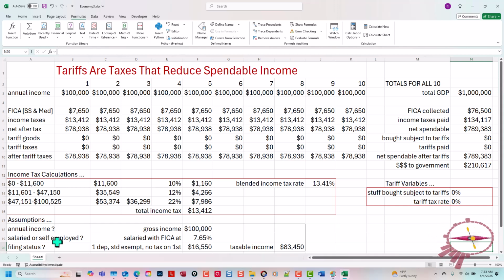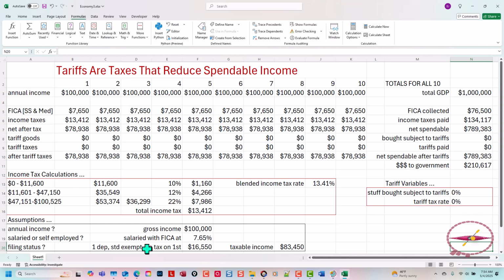The individual is salaried with a FICA tax of 7.65%. FICA is basically Social Security and Medicare contributions. Also, the filing status for federal income tax purposes is one dependent claiming the standard deduction.